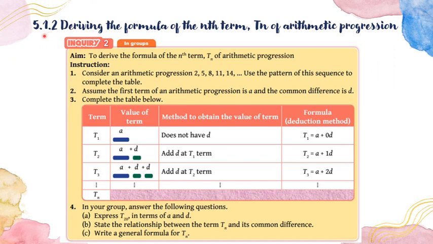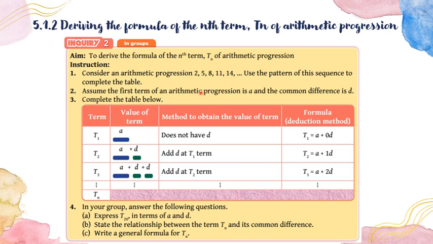Next, we move to 5.1.2, deriving the formula of the nth term, or Tn, of an arithmetic progression. This is an activity for groups, but I will just explain inquiry 2. The aim is to derive the formula of the nth term Tn of an arithmetic progression.